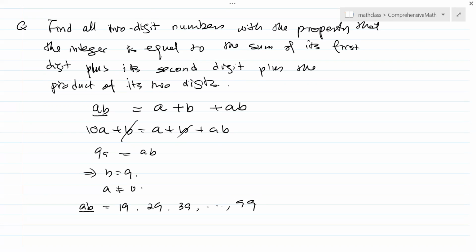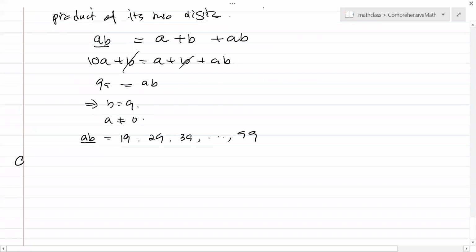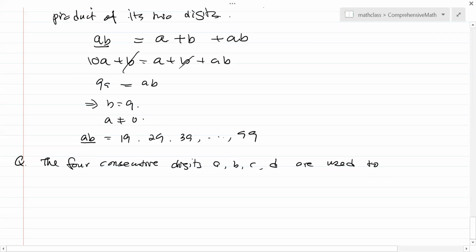All right, so here's another question. We have 4 consecutive digits A, B, C, D used to form 4-digit numbers.